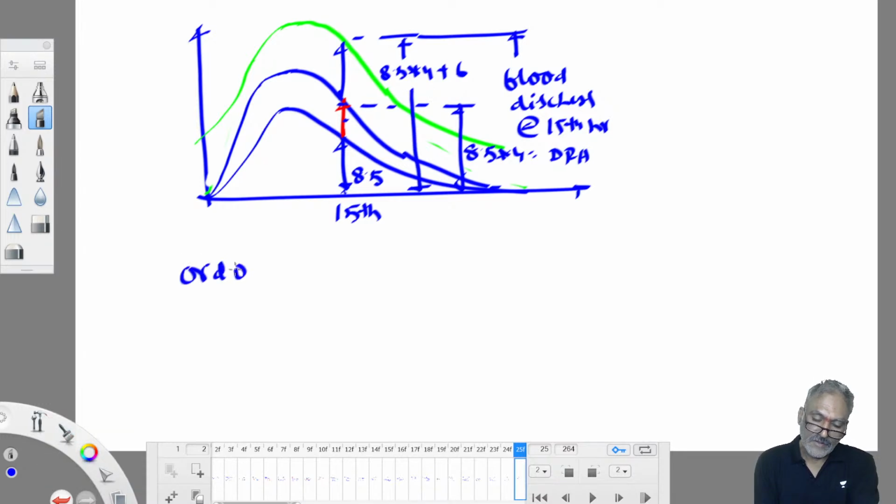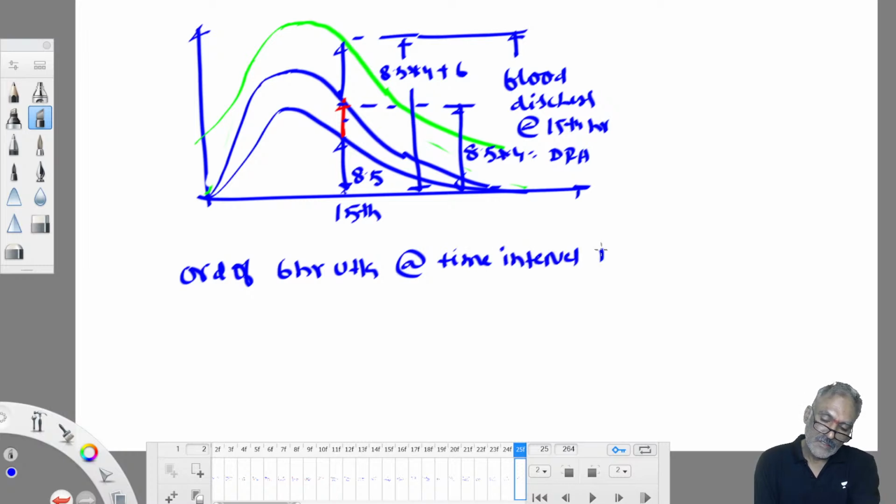So the ordinate of the 6 hour unit hydrograph at the 15th hour time interval is 8.5 meter cube per second. This is the flood hydrograph.